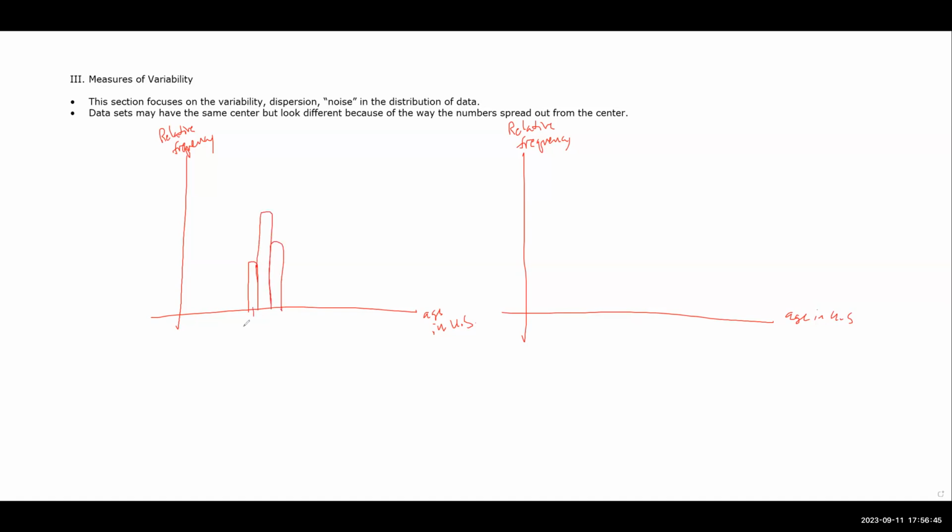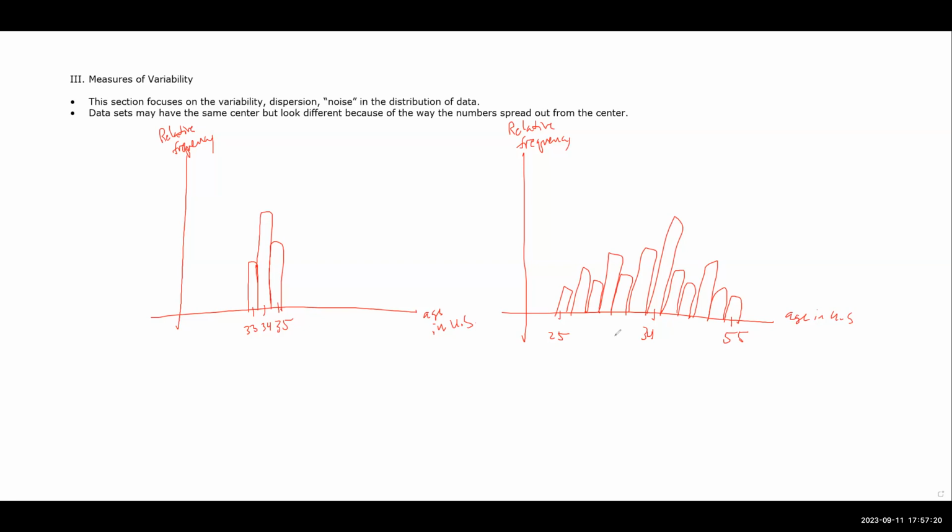Let's say someone saw this, 33, 34, 35. And someone else collected data and found this. Oh, it's kind of slanted, Leaning Tower of Pisa. This is 34, and then it goes from like 25 to 55 or something like that.